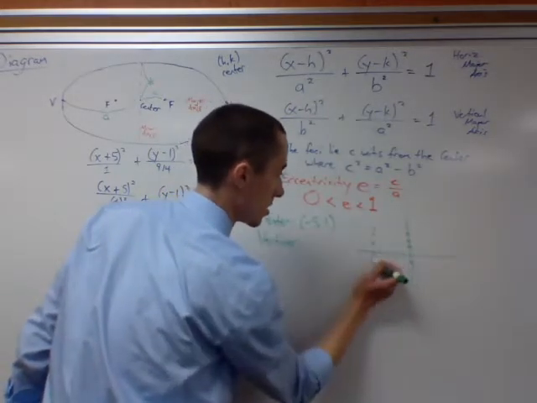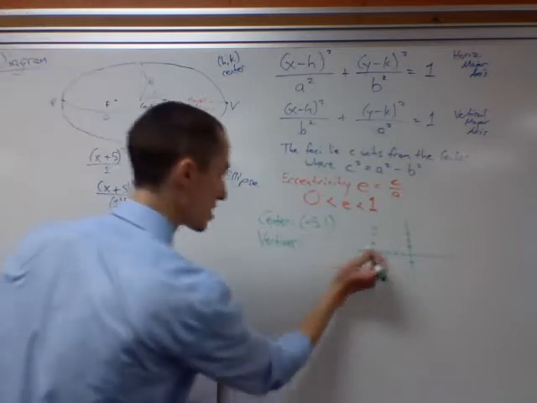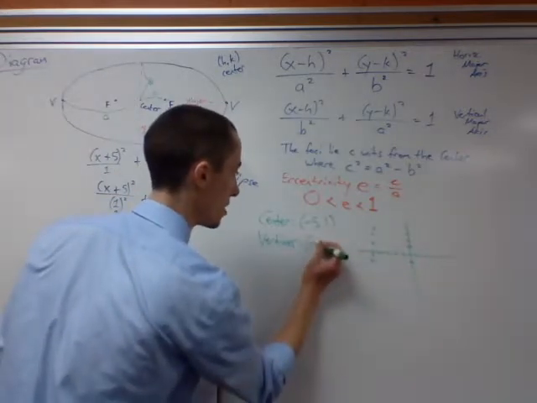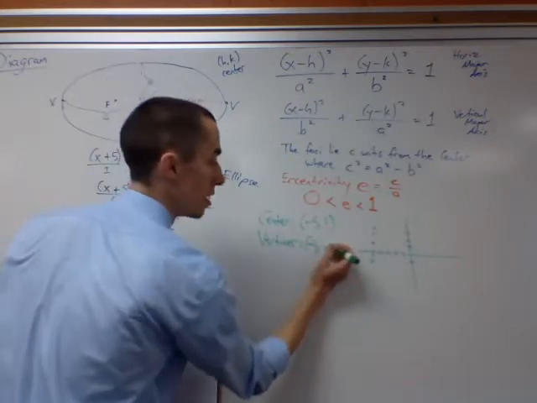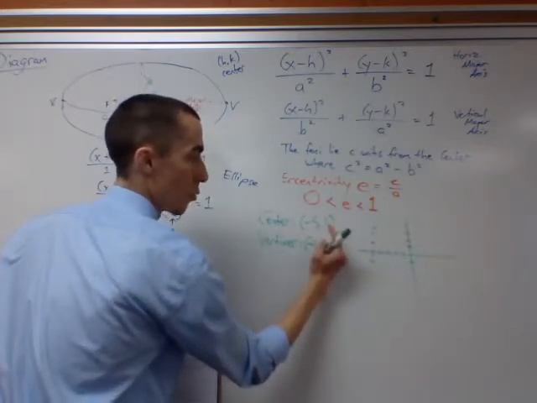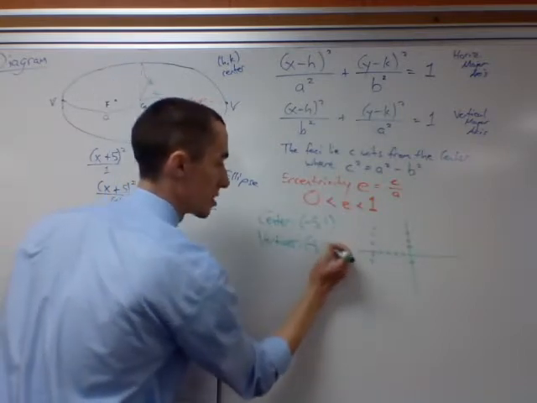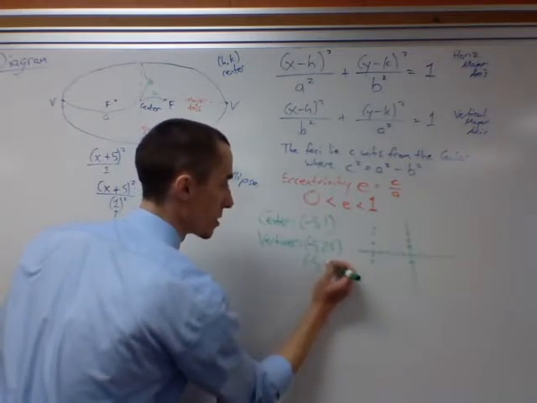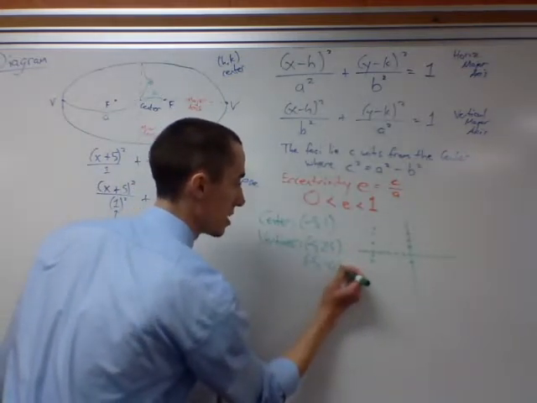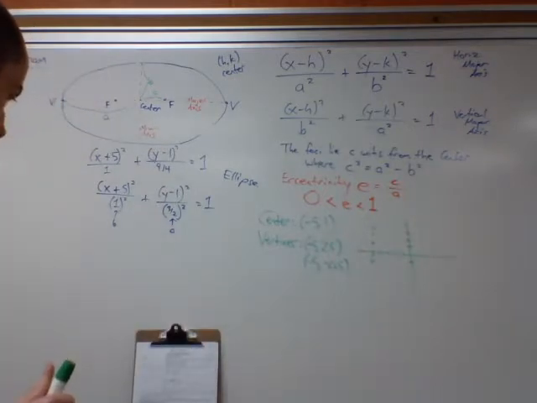There's a vertex, vertex, center right there. So going up 1.5 units from the center, or 3/2 of a unit, we'll add 1.5 to the y value of the center, and that'll get us 2.5. Then we'll go down 1.5 units to get -0.5. So those are the two vertices.